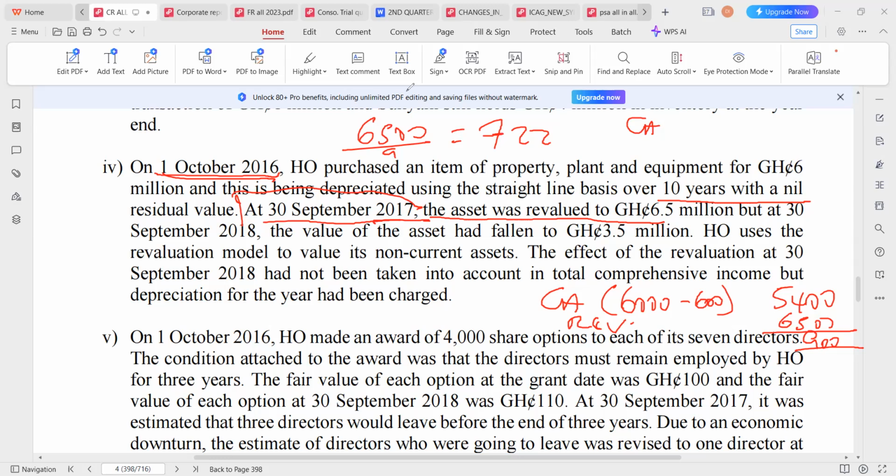Answer. 5,777.7, so let's say 5,778. They will give you another revalued amount again. So they say, but on 30th September 2018, the value of the asset had fallen to 3,500. Is it a loss or a gain?